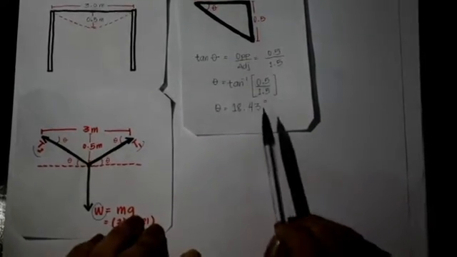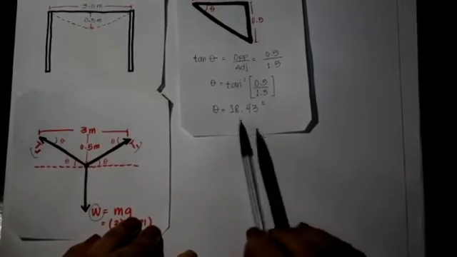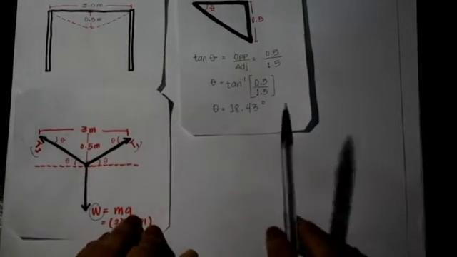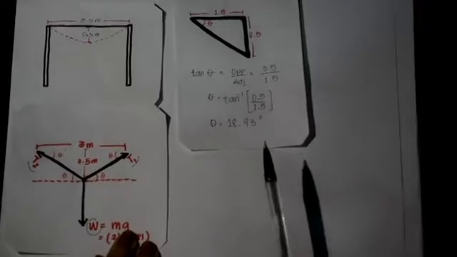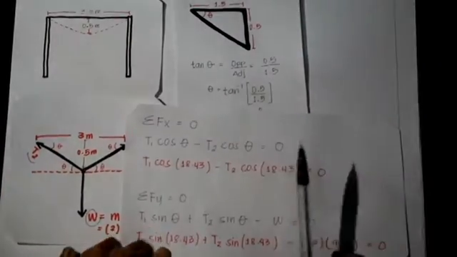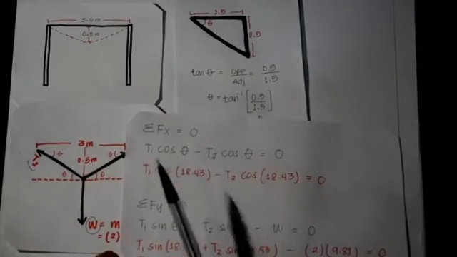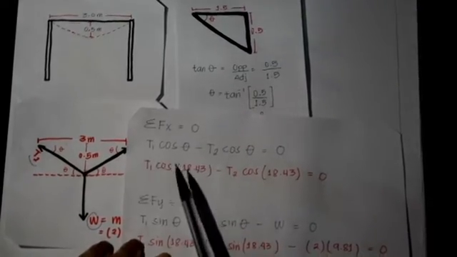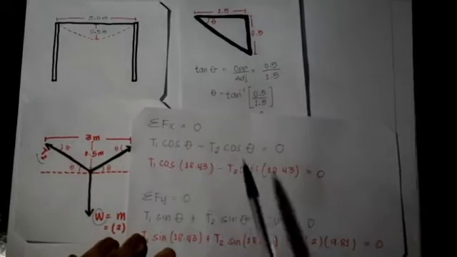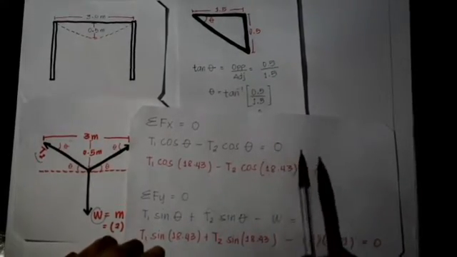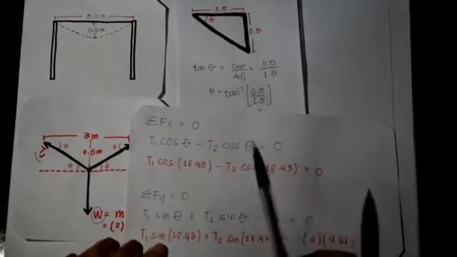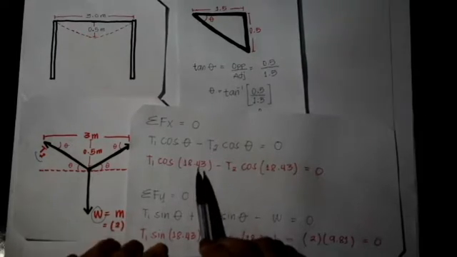After getting the theta, we can now solve the problem using the concept of equilibrium, which is the summation of Fx equal to 0. And it is represented as T1 cos theta equals T2 cos theta, which is equal to 0. We could just solve using the substitution of the values.